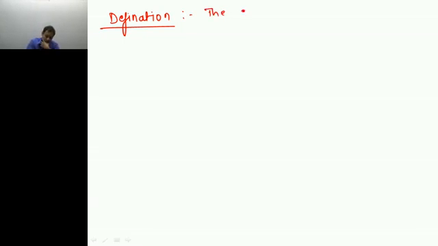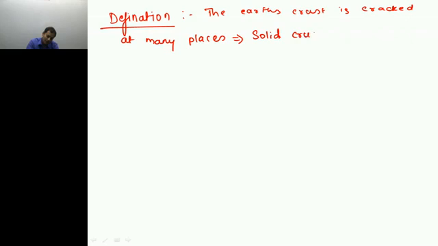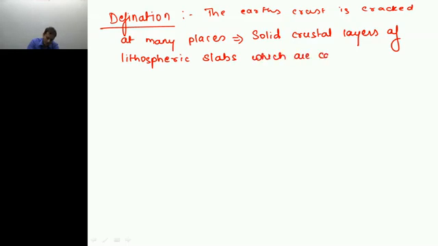We can say that the Earth's crust is cracked at many places, resulting in solid crustal layers of lithosphere, slabs, which are called plates.